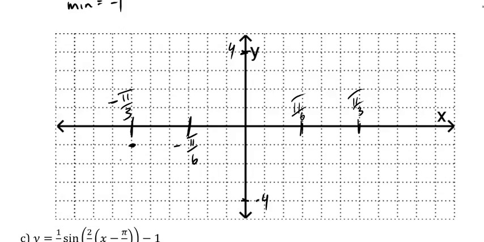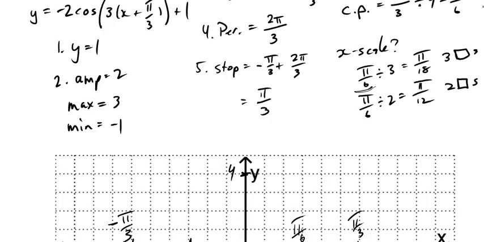Because this is cosine, but it's reflected because it was negative 2 cos.